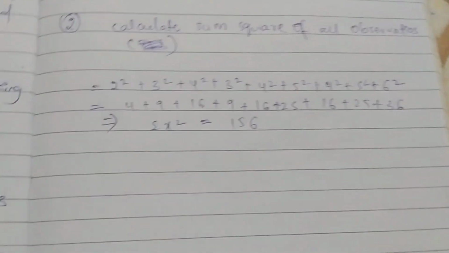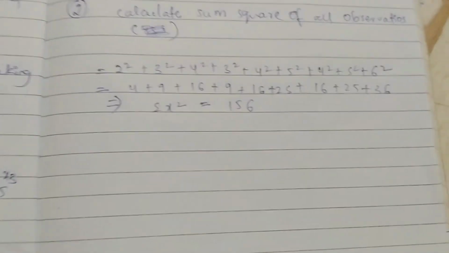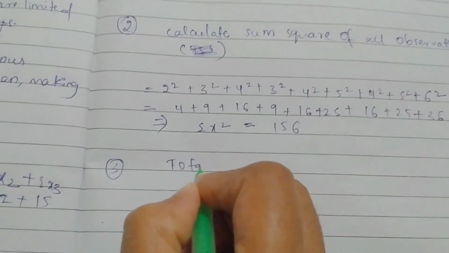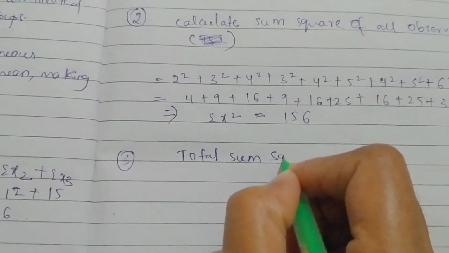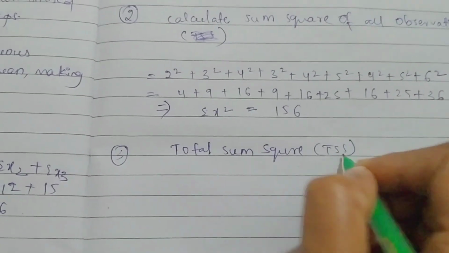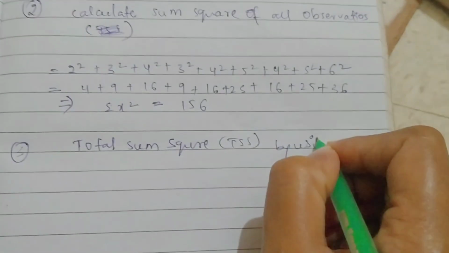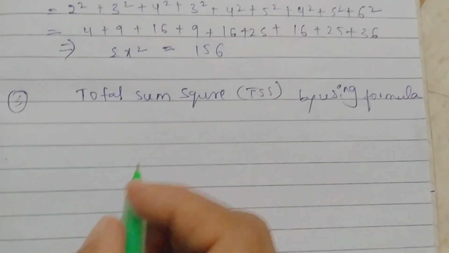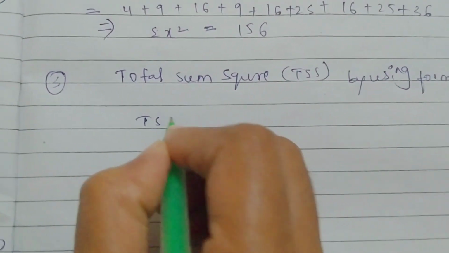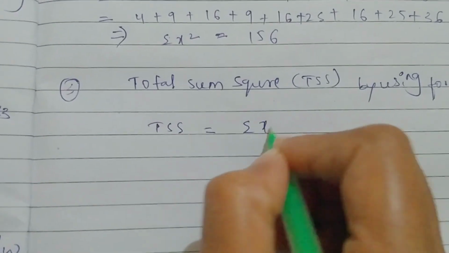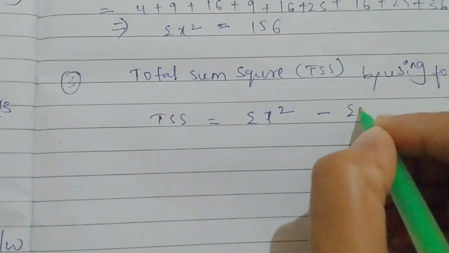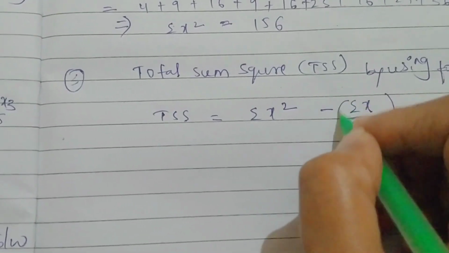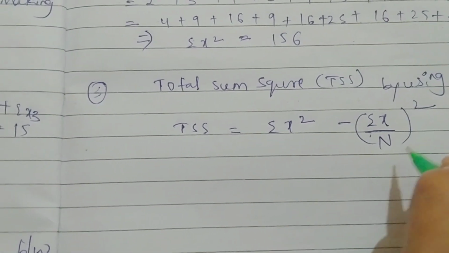The third step we are going to do is calculating the total sum of squares, that is TSS, using a formula. The formula is: total sum of squares is equal to summation of x square minus summation of x, divided by capital N, whole square.